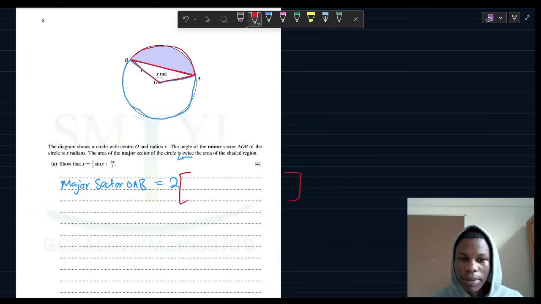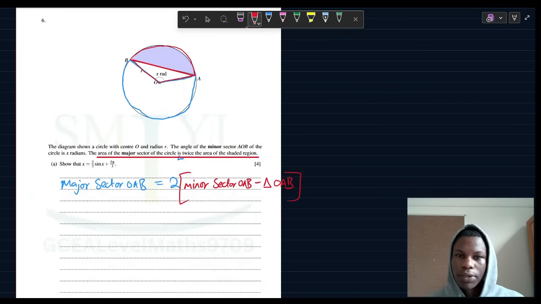So it's going to be 2 times minor sector OAB minus the triangle OAB. That's what this is telling us.